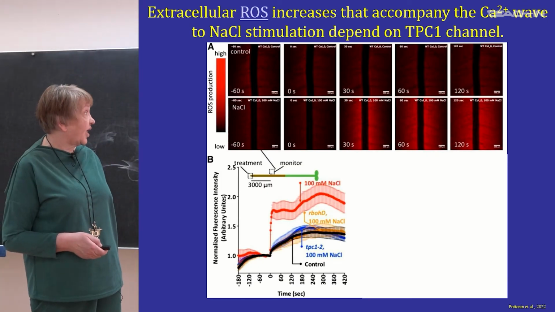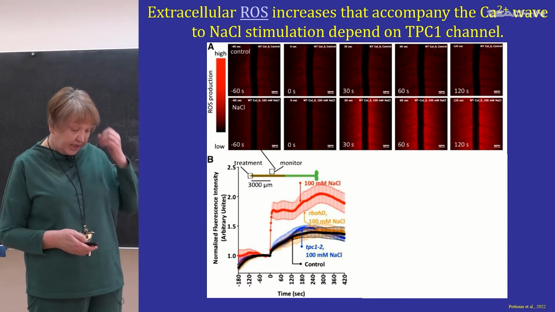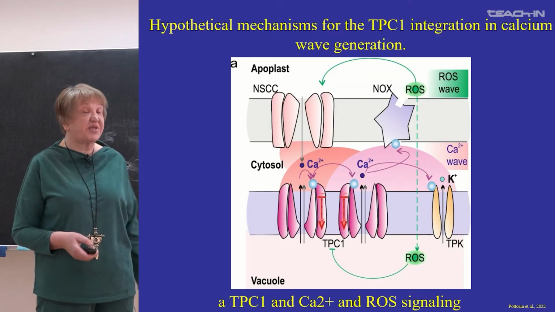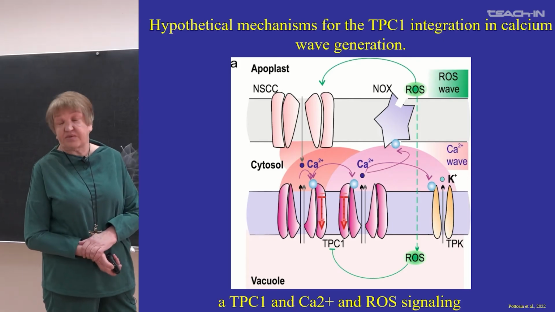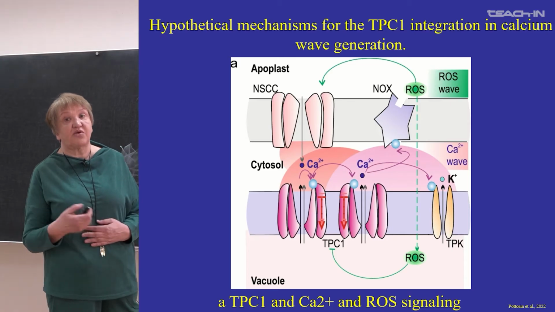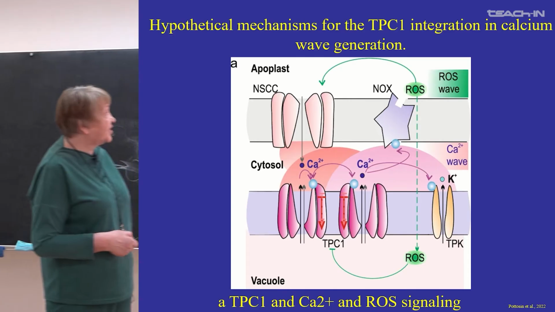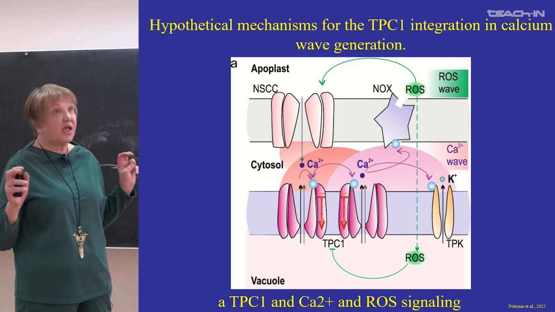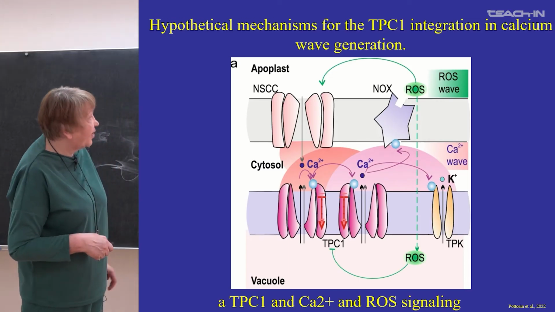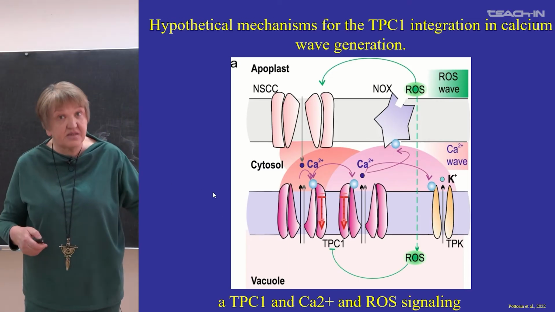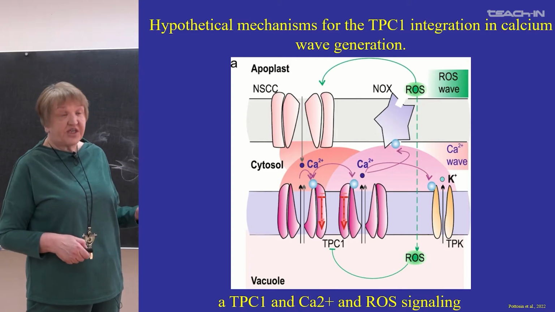Why don't we have a calcium wave or the increase in reactive oxygen species? So it is well known that reactive oxygen species are able to activate calcium channels. So this is a very hypothetical scheme of the possible ways of TPC involvement in calcium wave generation.